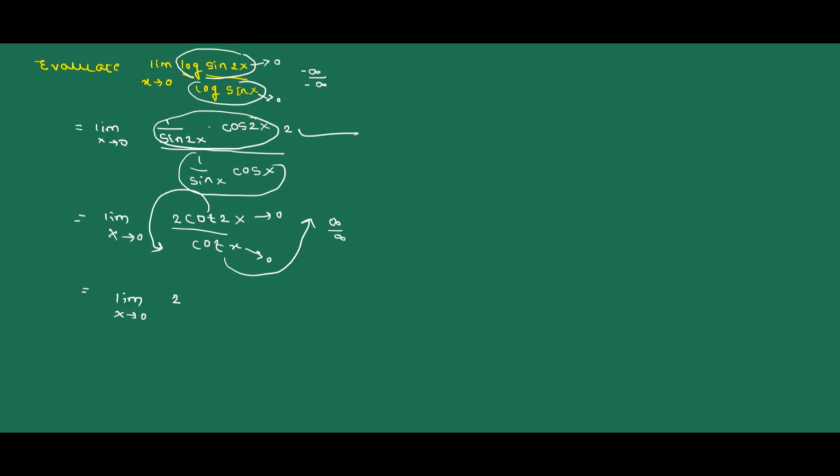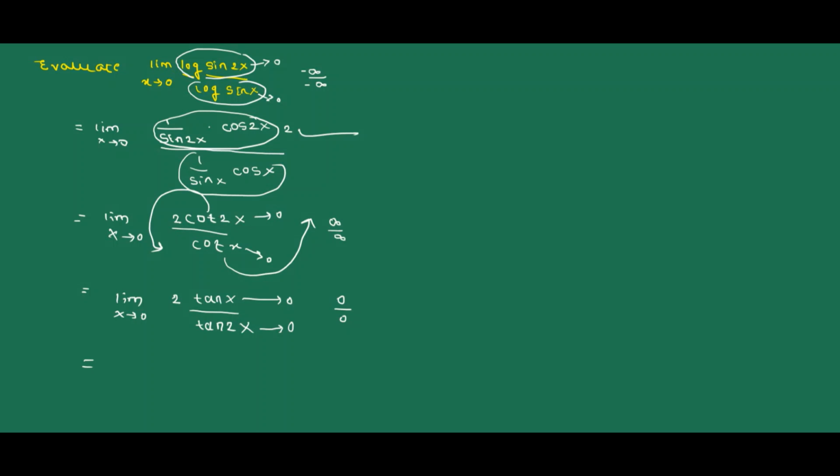If you transpose denominator cot x in numerator, you will get tan x, divided by transpose cot 2x in denominator, you will get tan 2x. And now if you put x is equal to 0 and this 2x is equal to 0, you will get 0 divided by 0 form.